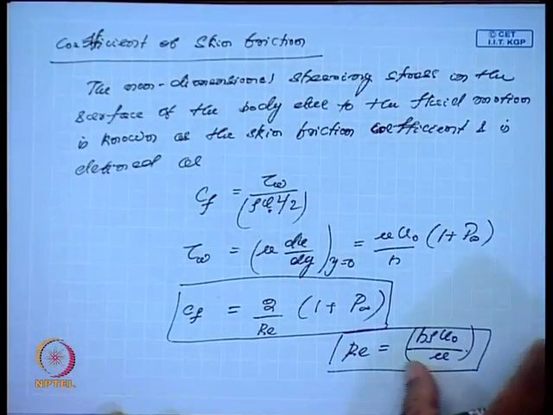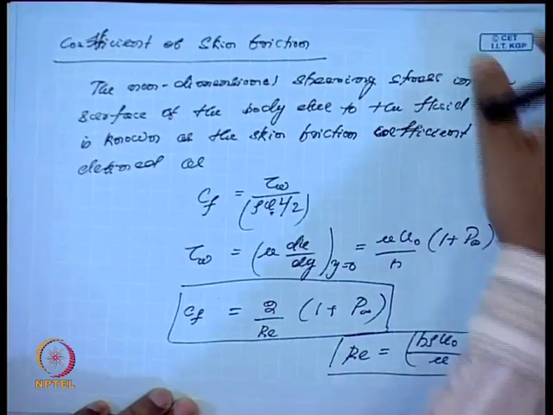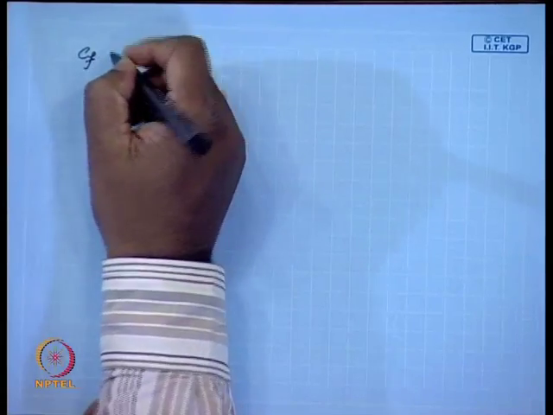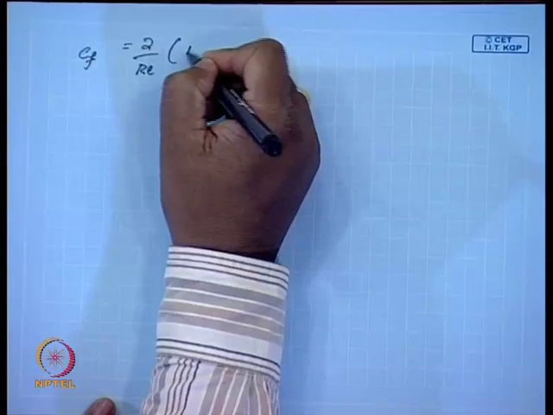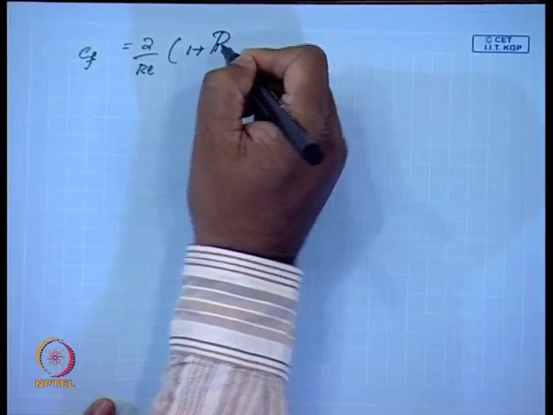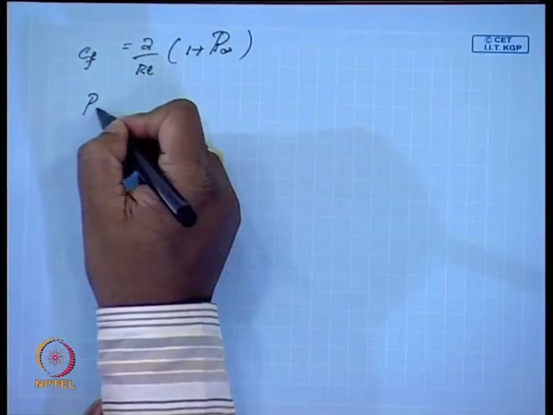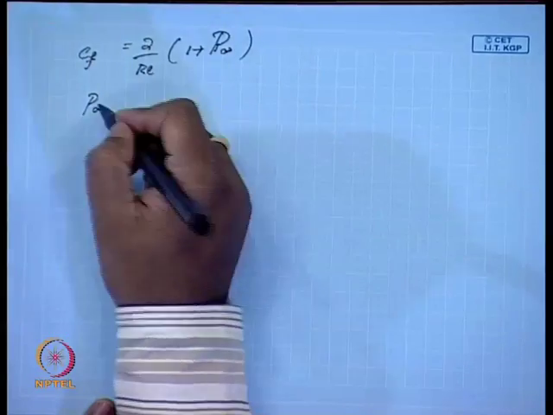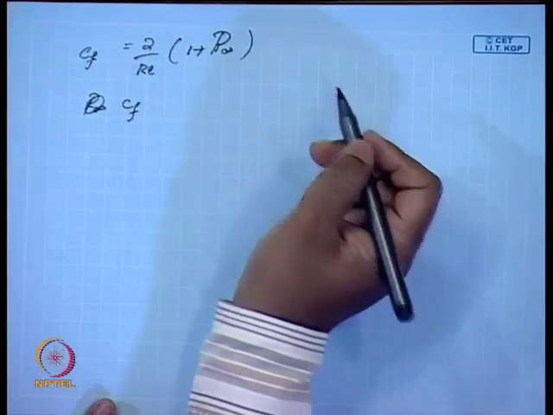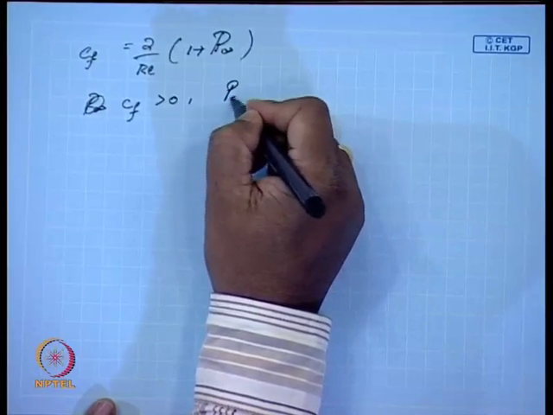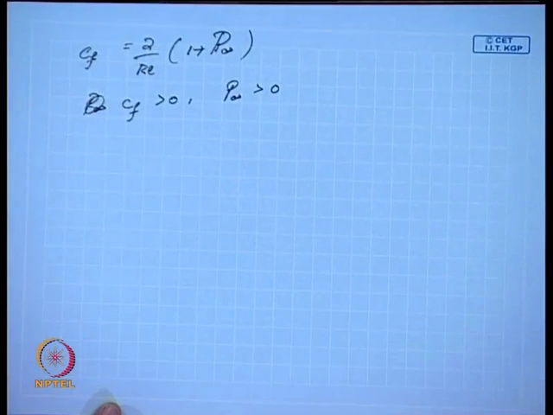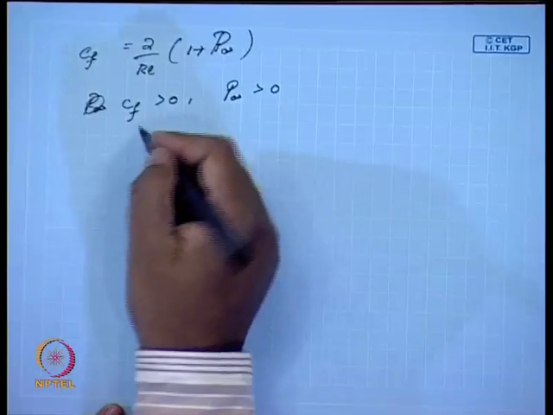And again, if you see the skin friction coefficient, Cf is equal to 2 by Re into 1 plus p infinity, and we can see that Cf is greater than 0 if p infinity is greater than minus 1.